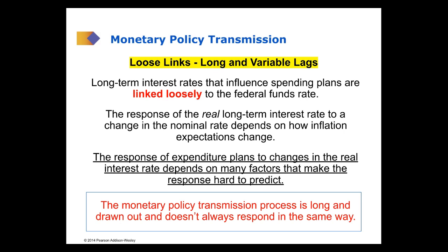And they generally move in the same direction because they are interrelated, but it's not a direct relationship. So the result of this is that the monetary policy transmission process is very long and drawn out and doesn't always respond in the same way. Monetary policy is difficult.